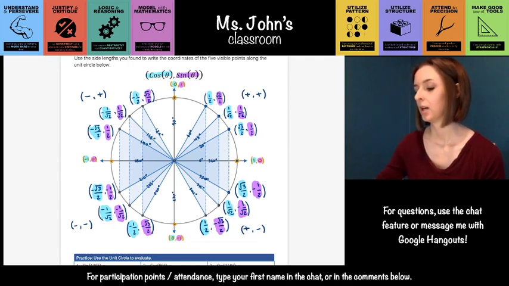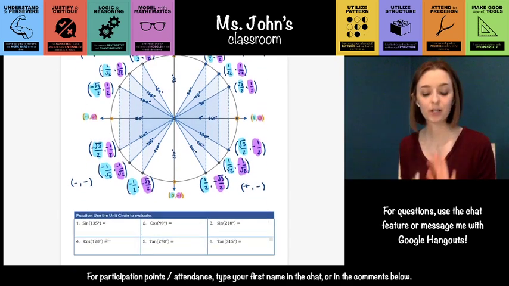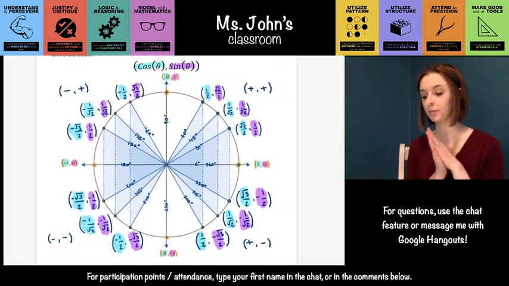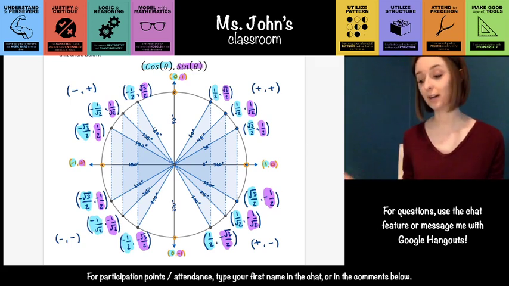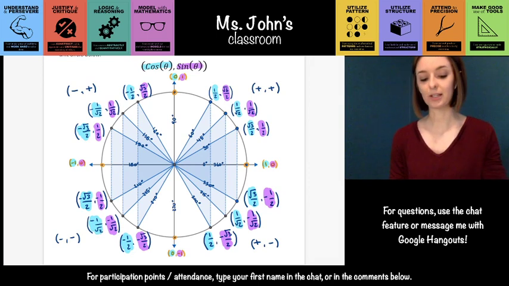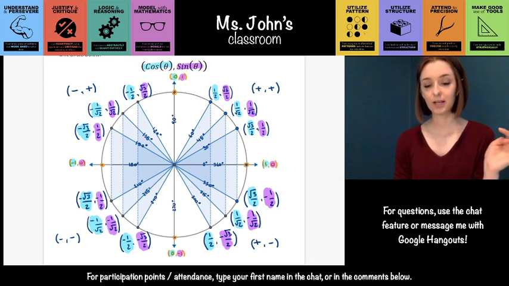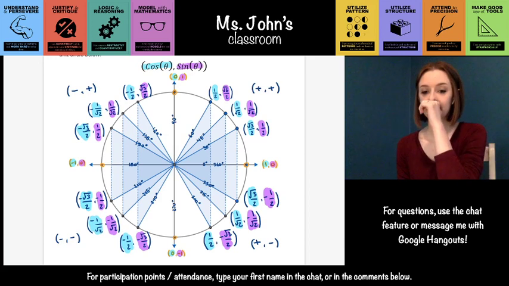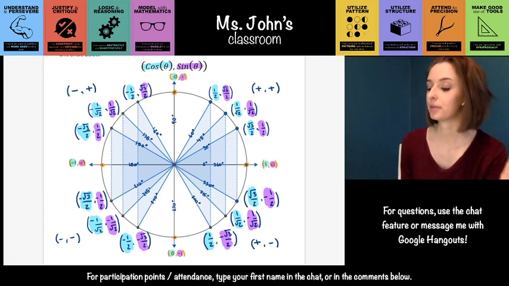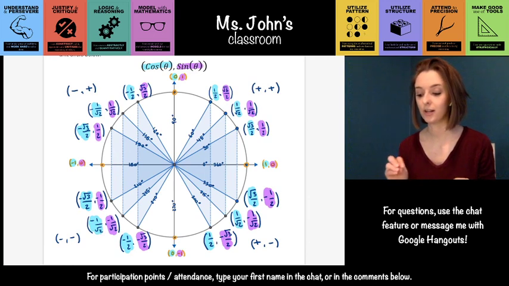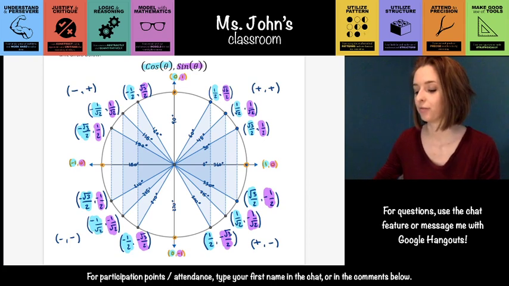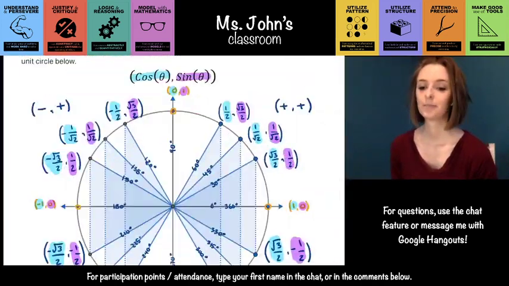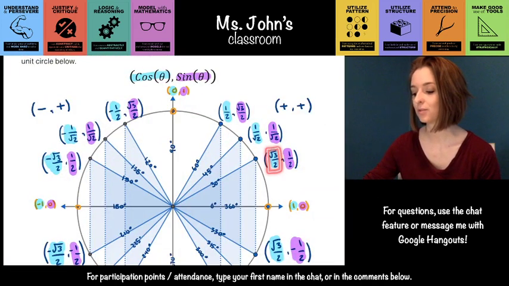Okay, so here's why this is helpful. Here's why we did all that labeling. Because now without doing any calculator math, we can find exact values for all of those really common angle measurements for sine and cosine. For example, let's just take 30 degrees. Cosine of 30 degrees is √3/2, and sine of 30 degrees is 1/2.